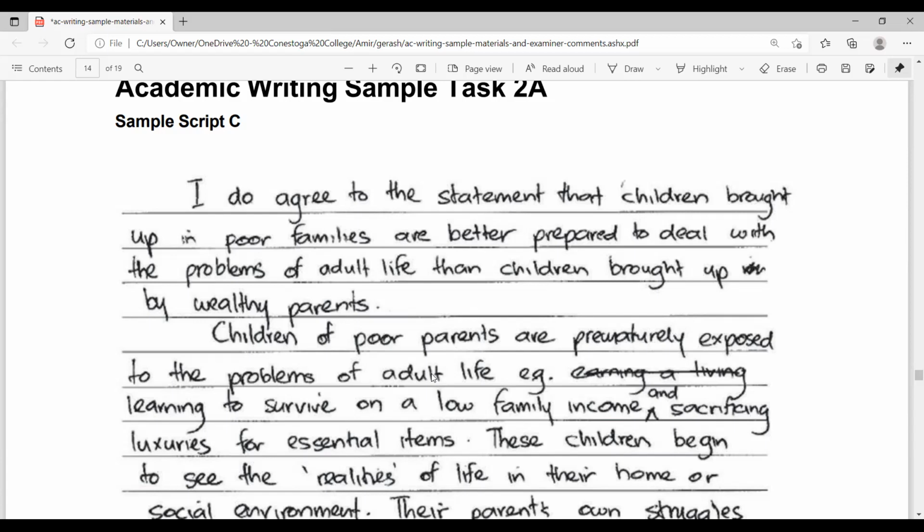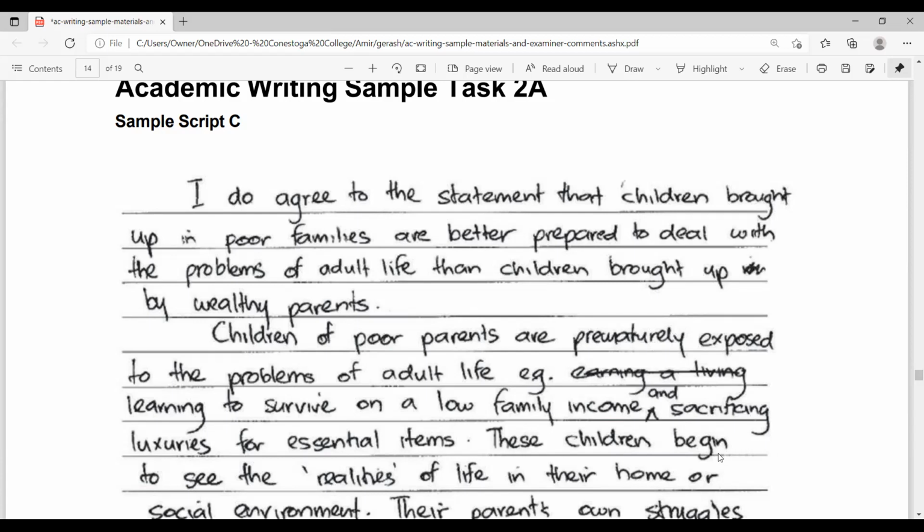One of them, learning to survive on a low family income, and sacrificing luxuries for essential items. So that is the support for the first opinion. The only problem is that the example written here as e.g. is the shortened form, and in writing it is not allowed because you are supposed to consider the formal style of writing.